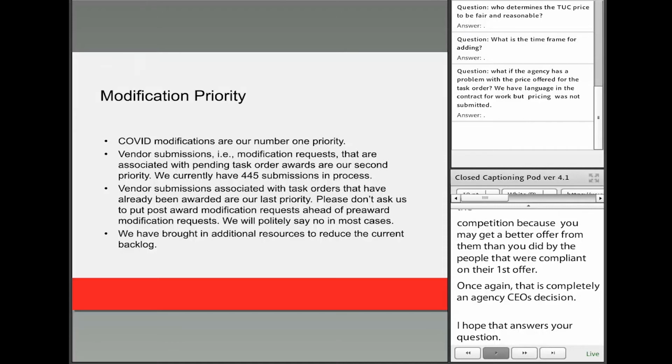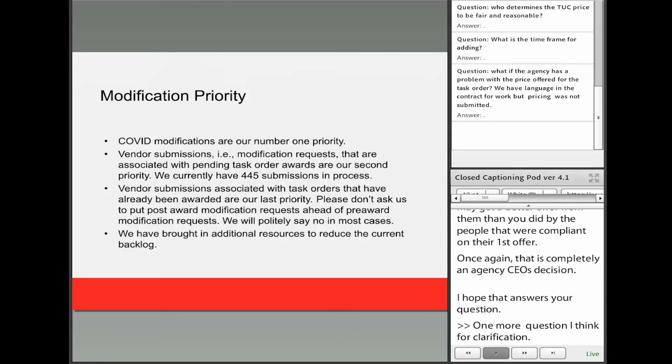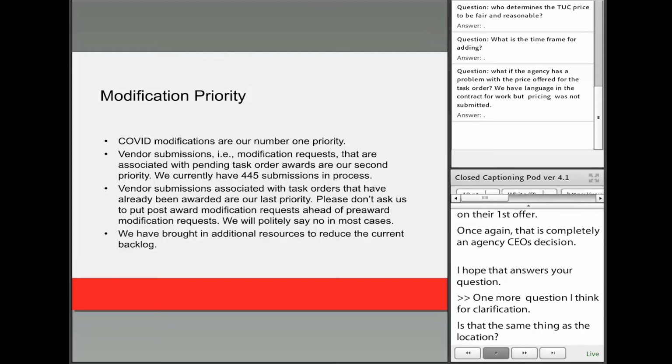Tim, one more question. I think it's for clarification. Is a network site code the same thing as a location? For CONUS, all CONUS locations are associated with NSCs. There's a network site code for everything.